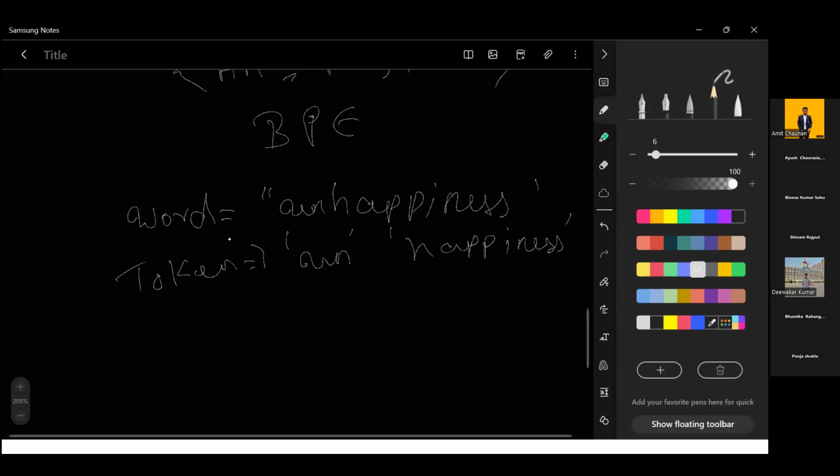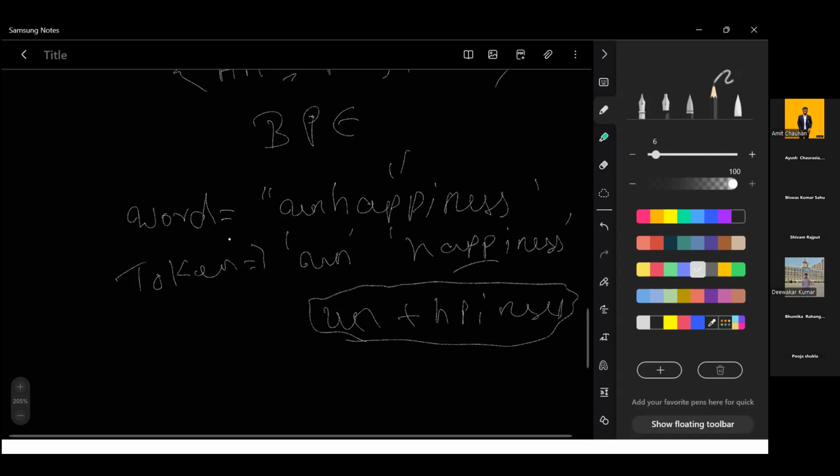But how will byte pair encoding help us? It will start with the full words and find the most frequent subwords. For example, if you add "un" plus "happiness", then it will generate the new word "unhappiness". And this helps the model to understand rare and unseen words. Even if this is an unseen word, it has some meaning.